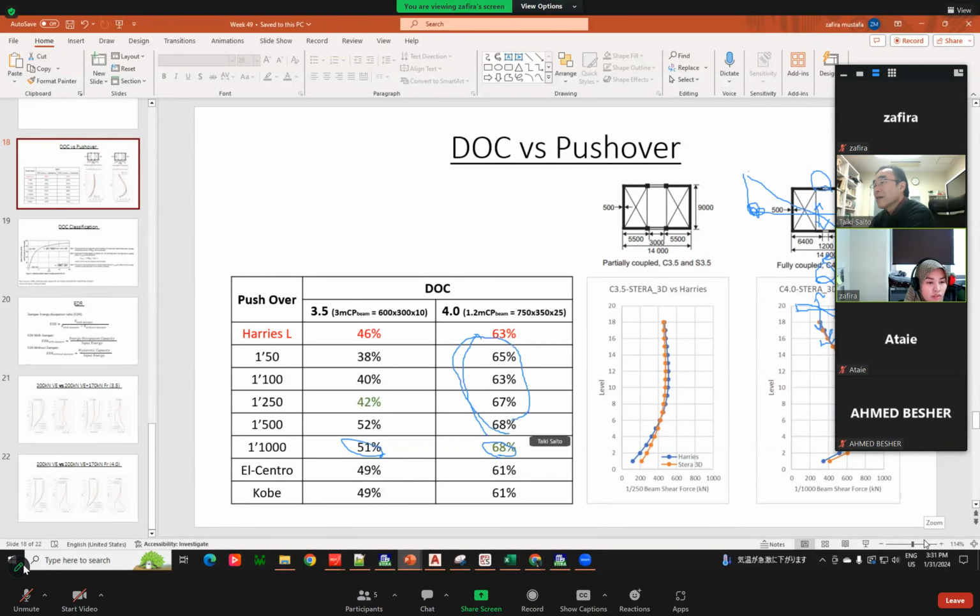Oh, I see. That's why the coupling doesn't change. But in case of the long beam, after getting damaged, the coupling ratio changes because the beam is getting weaker. Yes, I understand. So this is the reason.